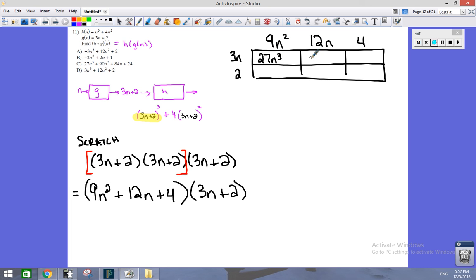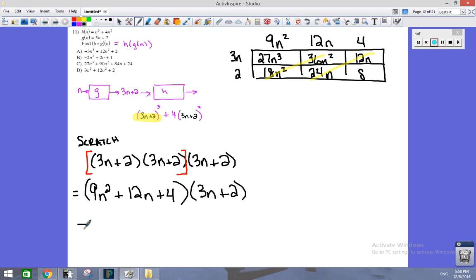27n cubed, 36n squared, 12n, 18n squared. See, I didn't say n cubed that time. 2 times 12, 24, and 2 times 4, 8. And along this diagonal and that diagonal are common terms.